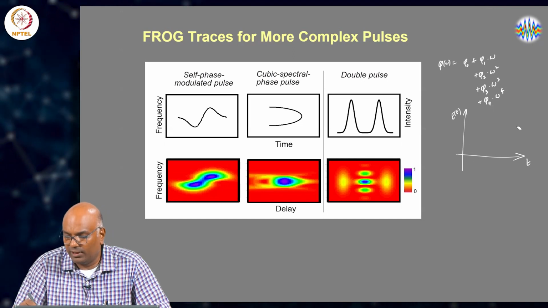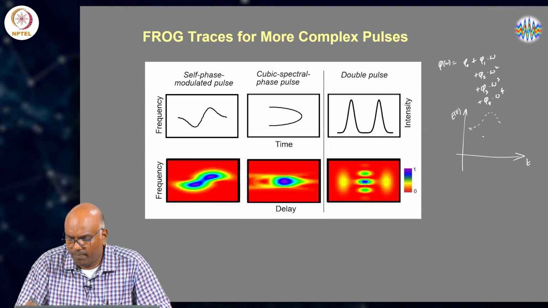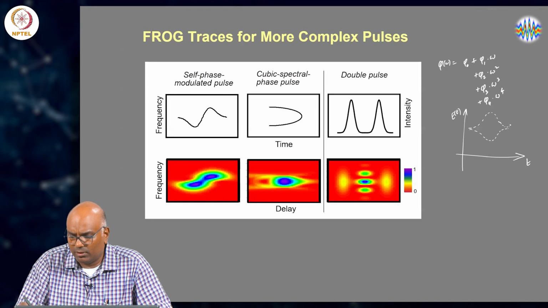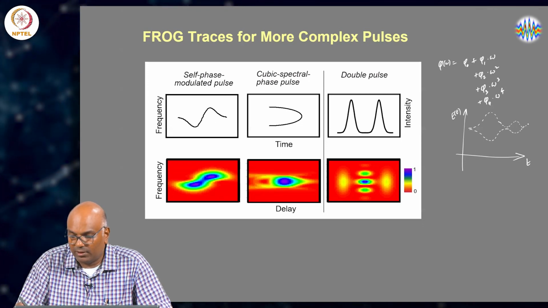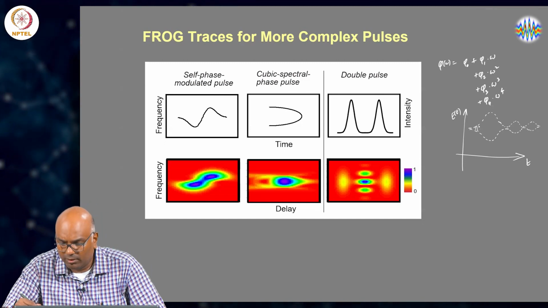I have really not done a great job of this. I'll try it out this way. A pulse with a third order spectral phase term. I am just recalling what we had learnt earlier.